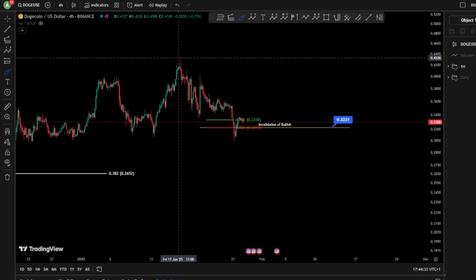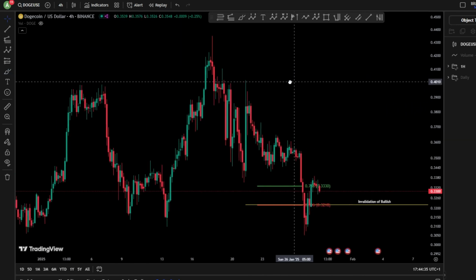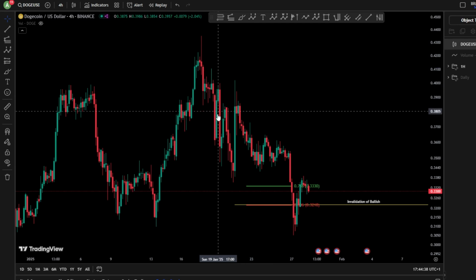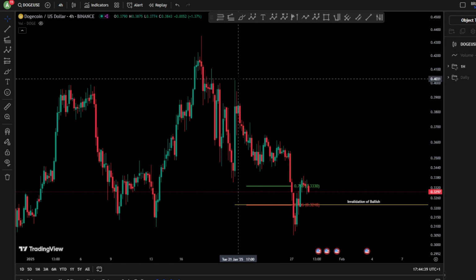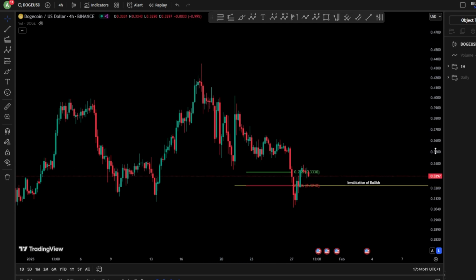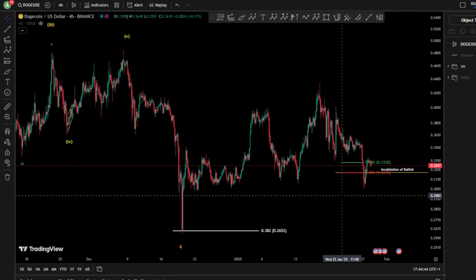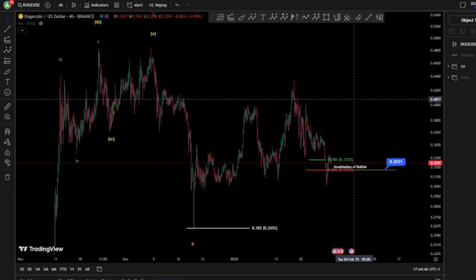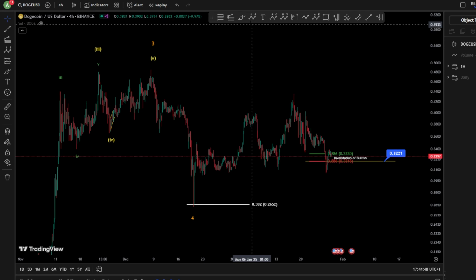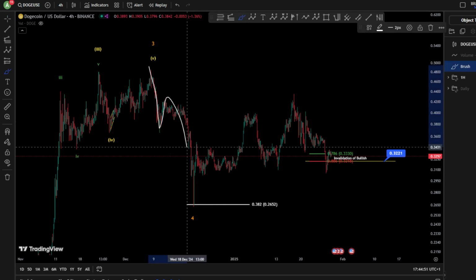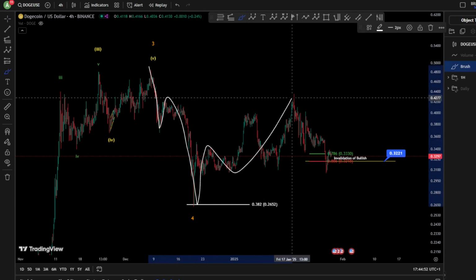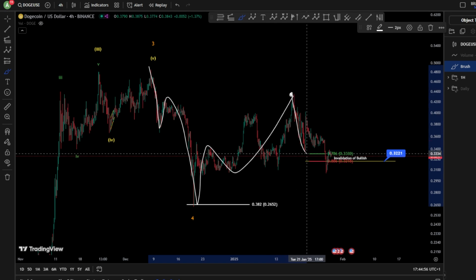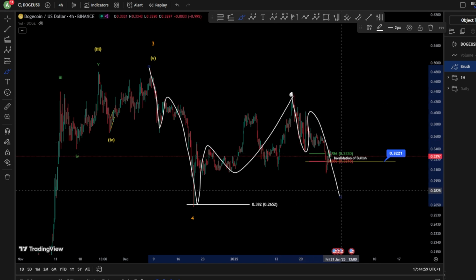However, let's take a closer look. Here we go. So 1, 2, and then 3. Also very choppy, I would say. Then it's turning into WXY here. Yes, this wave is turning into WXY, meaning a zigzag down, and probably another WXY for your X again, and also probably another zigzag here.